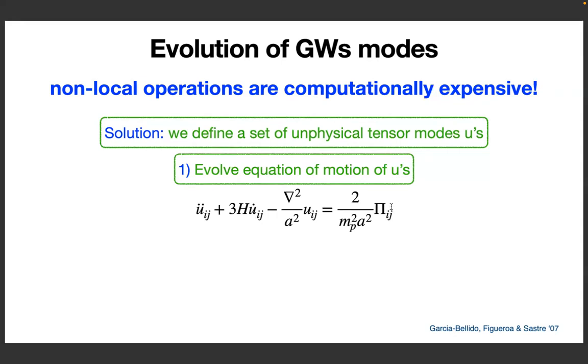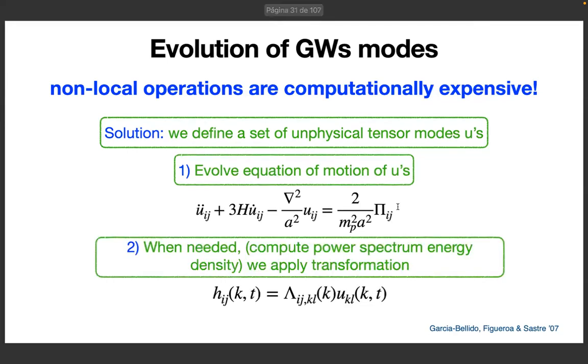So now this is just a product of the gradients of the scalar fields, for example. And whenever we need to compute an observable of the gravitational waves, in this case the power spectrum of energy density, we go to Fourier space, we apply the projection, and then we compute the observable.